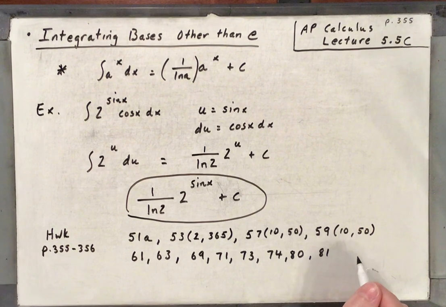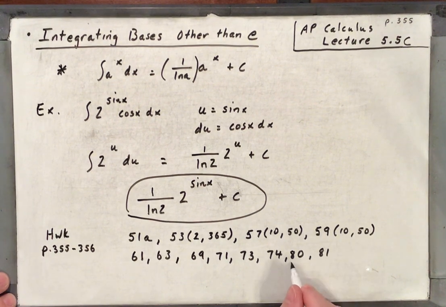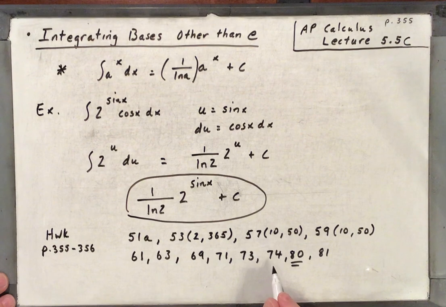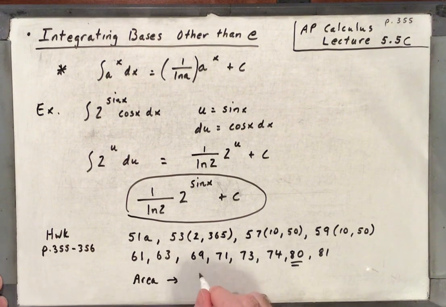All right, let me give you a quick hint on number 80. Just for number 80, to find the area under the curve, you're just going to integrate from a to b.